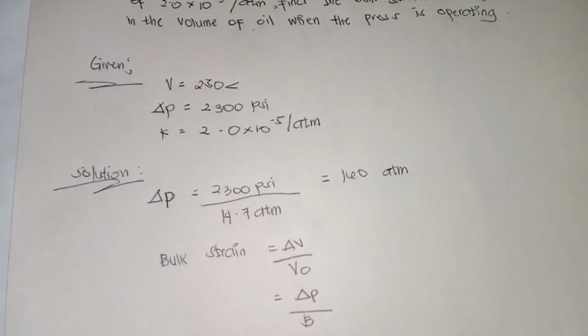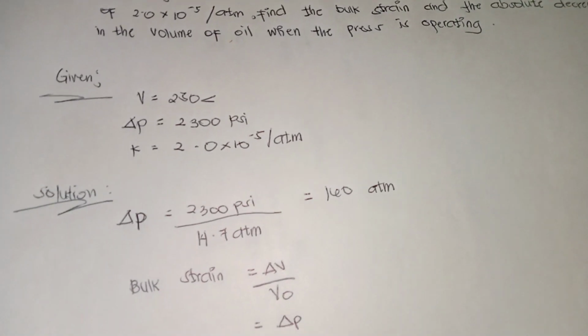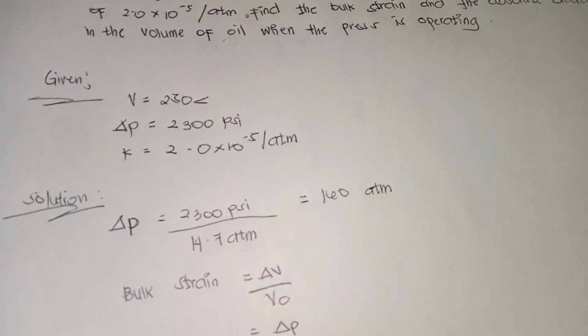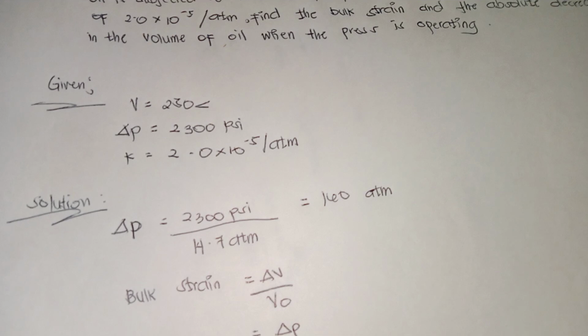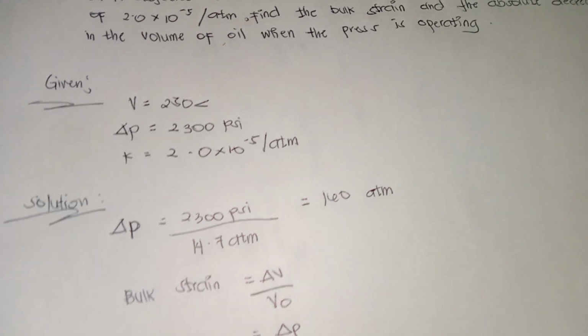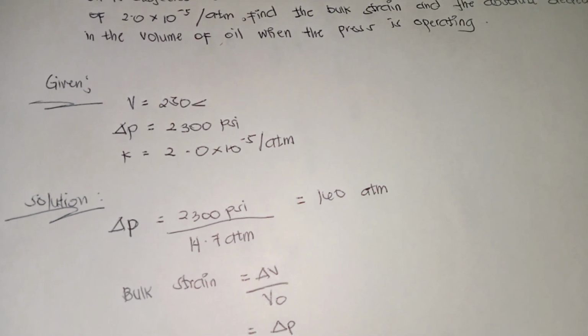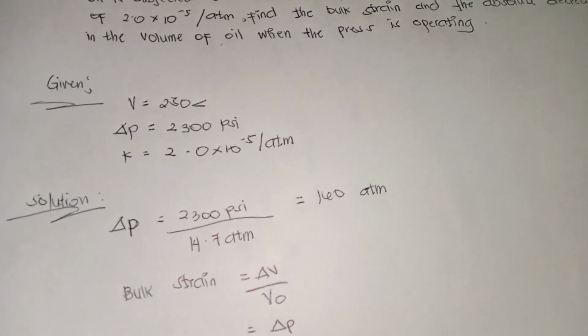So, given V, or the volume, and for P, which equals 2,300 psi, for K, which equals 2.0 times 10 to the power of negative 5.